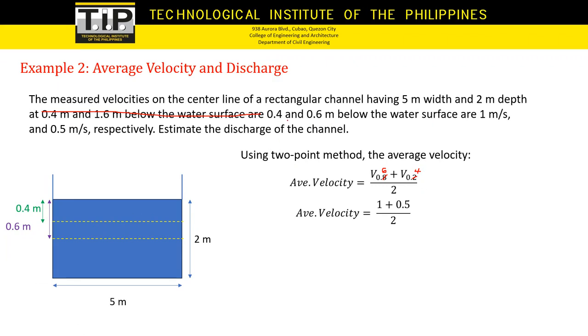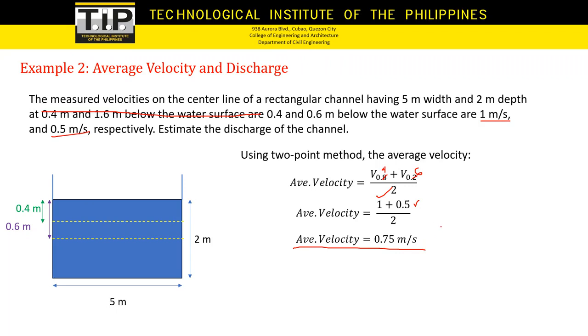We were given at 0.4, it is 1 meter per second, and at 0.6, that is 0.5 meter per second. So you will now get the average velocity: 1 plus 0.5 divided by 2, that would be 0.75 meter per second.